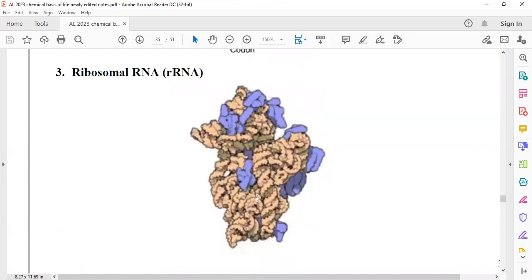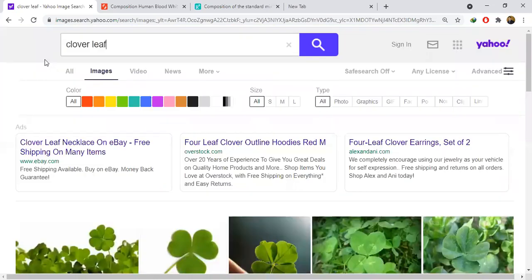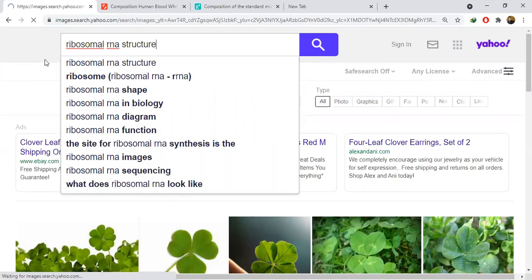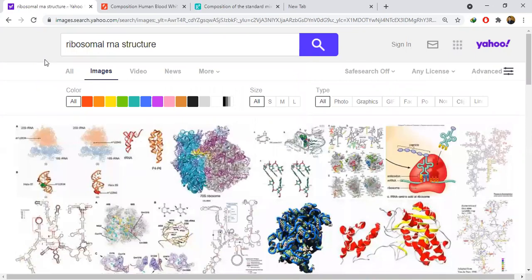And ribosomal RNA is a very complex structure. Actually, getting a picture of ribosomal RNA was very challenging. On the internet, once you search for ribosomal RNA structure, you get this kind of pictures.